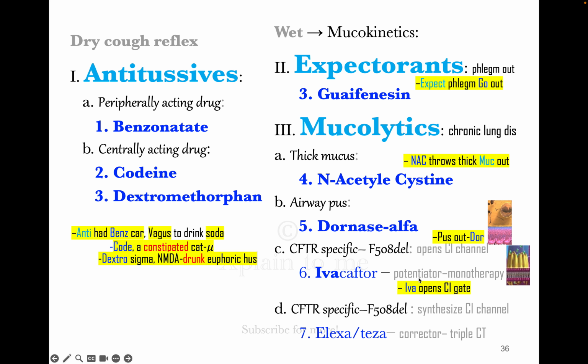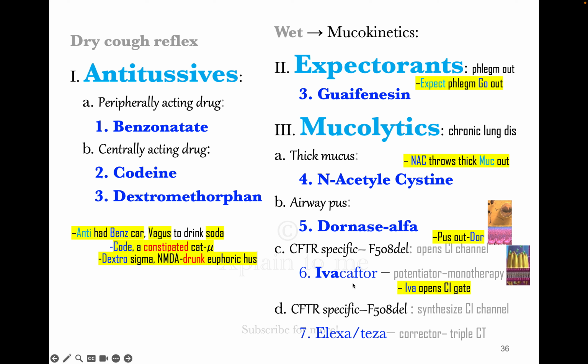What is the difference between potentiator and corrector? Corrector will help to produce the chloride channel through specific genes, activate and produce a specific chloride channel. But potentiator, when they translocate, helps to open the chloride channel.